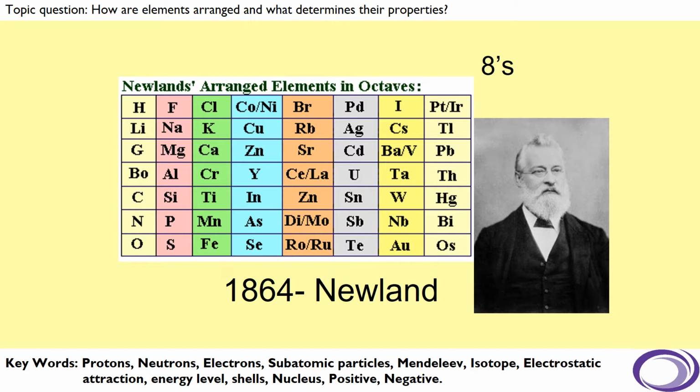Now, he did initially have quite a lot of the groups, the columns, match in terms of their chemical properties. However, it did start to go wrong at times where he had to put 2 elements in the same box, for example, or where he ended up with metals and non-metals in the same columns. So there were some issues with his law of octaves.